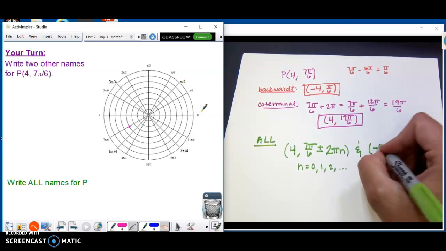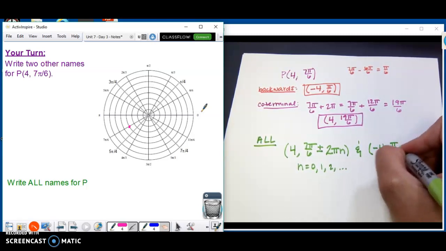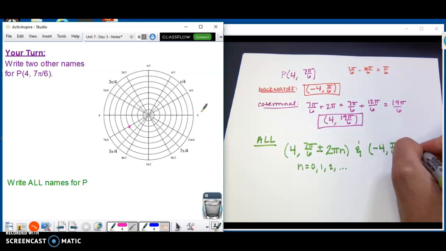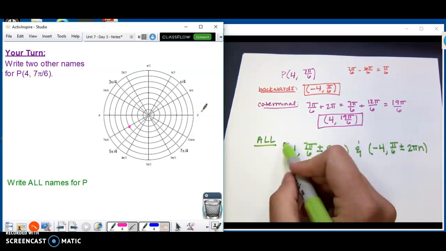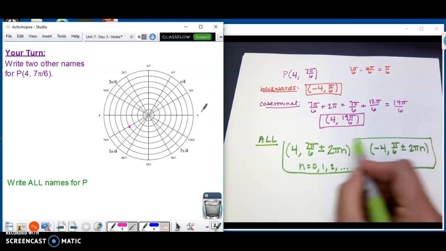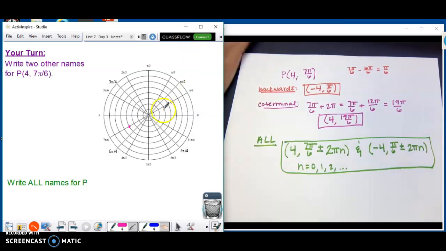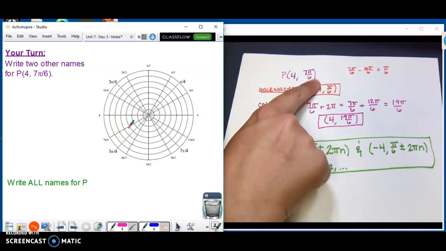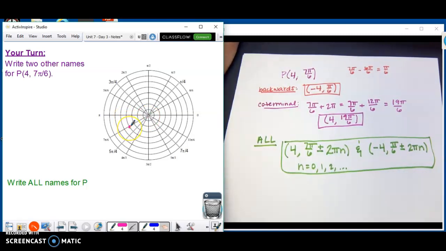The backwards point we said is (-4, π/6), and we could add or subtract 2πn to that π/6, and this will give us all the possible answers for just this one point on this polar graph. So hopefully you realize now that one specific polar point on your graph can be named in an infinite number of ways.